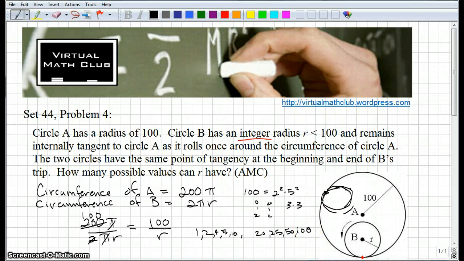So we have to be careful because it says that the radius r has to be less than 100. Okay, so let's cross that one out. It can't be 100 because then the 2 circles would have all of their points as points of tangency, and you wouldn't have room for B to roll around inside of A, right? So that leaves us, we had 9 factors, and now we have 8 factors.